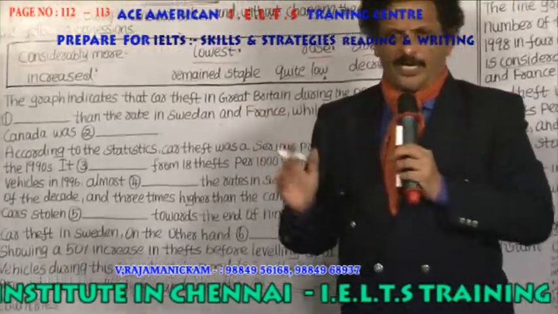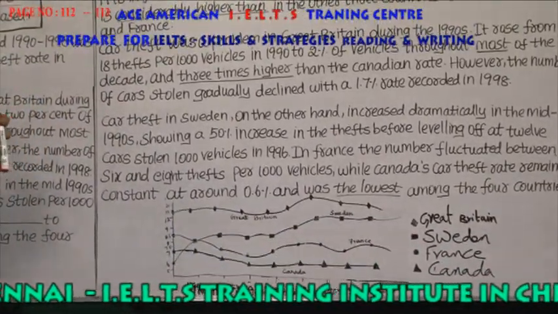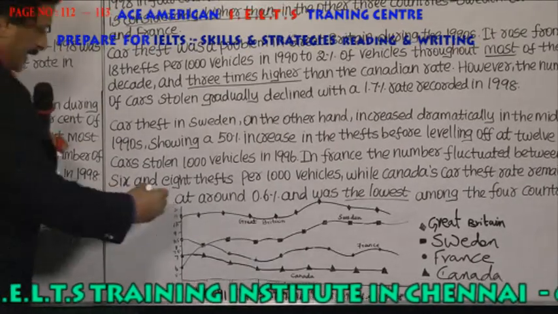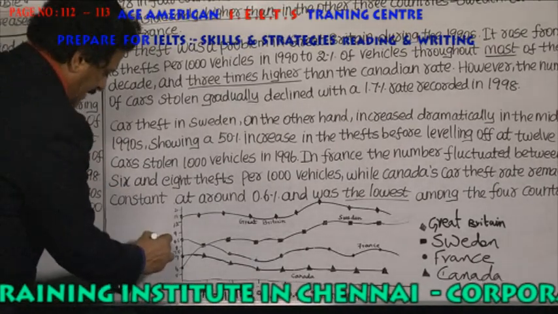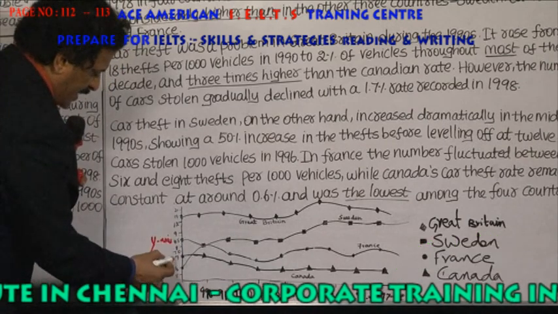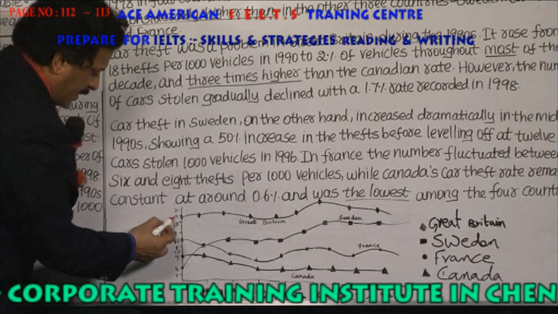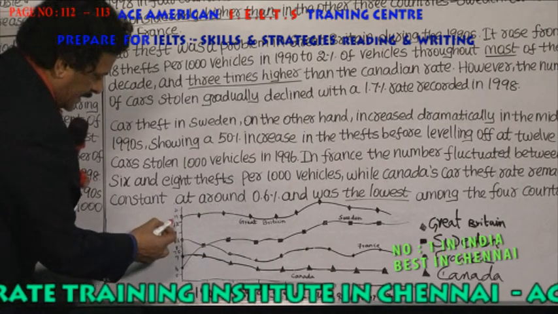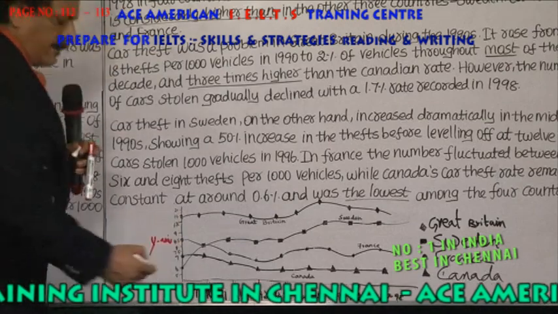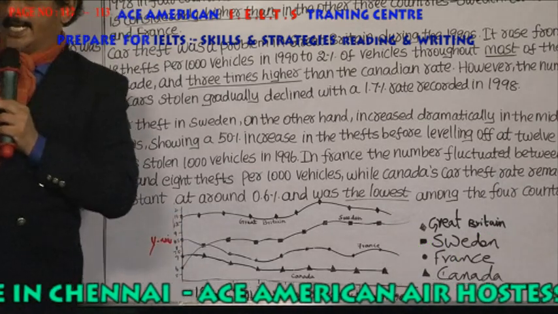So the graph here, it is a graph. See the graph here. This is the y-axis. In the y-axis, it is given 5, 6, 7, 7.5, 8, 8.5, 9, 12, 16, 18, 20. So these are the cars stolen.